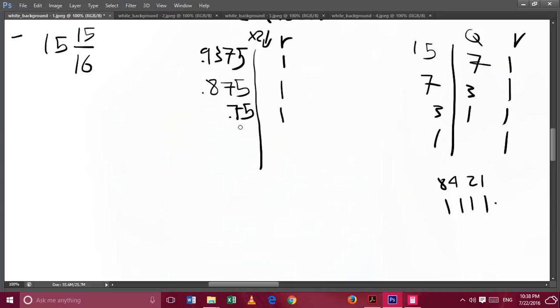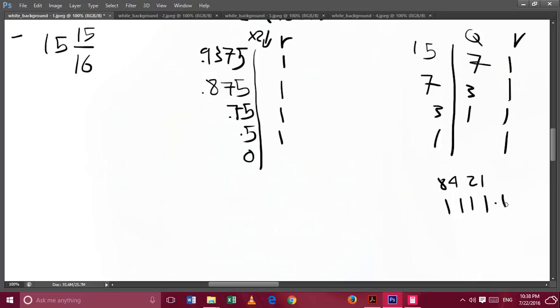Yes, it is. Write 1 here, and then subtract half from this. That would be 0.25. Multiply by 2. That would be 0.5. Same question: is this equal to or greater than half? It is equal to half. Write 1, subtract half, and multiply by 2. We reach 0, and then the fraction will be all the numbers from the top down after the radix point.